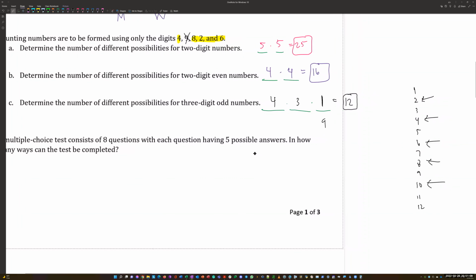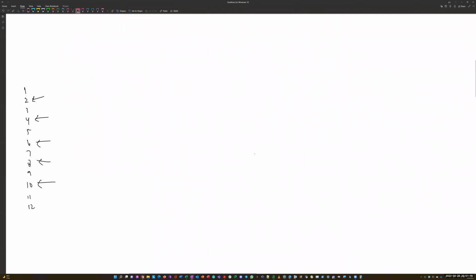How can I say this? 3-digit odd numbers. So 3-digit numbers are like 100, and then it goes all the way to 999. Is that correct? Yes, that's correct. We can't pick all these things though, because we only have 2, 4, 6, 8, and 9. Is that right? Yes.